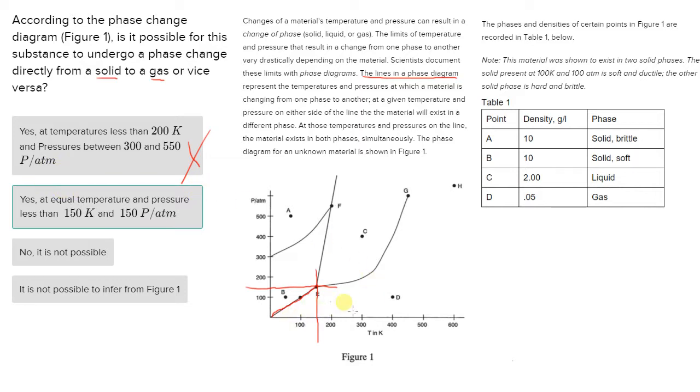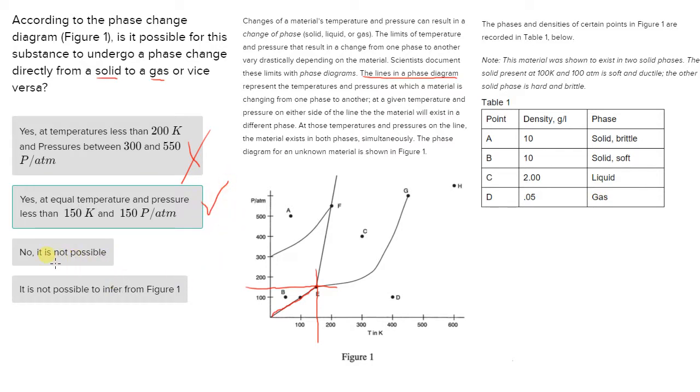If we look at this whole swath here, we see that point D is a gas, and point B tells us that this whole region is a solid. So yes, this is the line that separates gases and solids. This is the phase change line at which something is going from a solid to a gas or vice versa. According to the data, this is a possible answer.